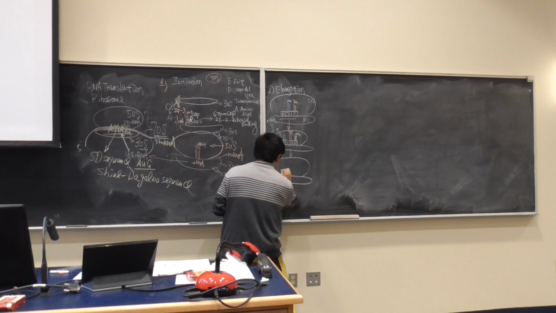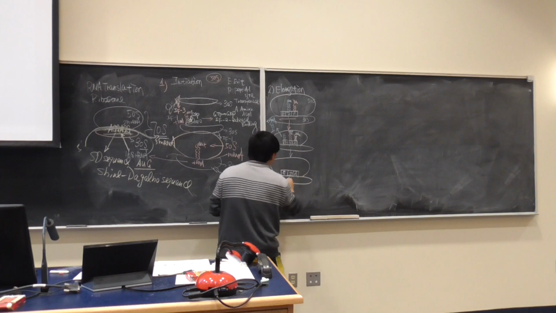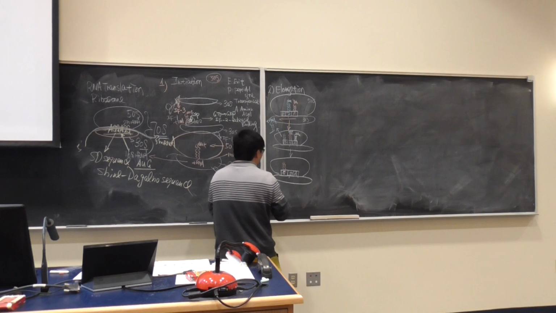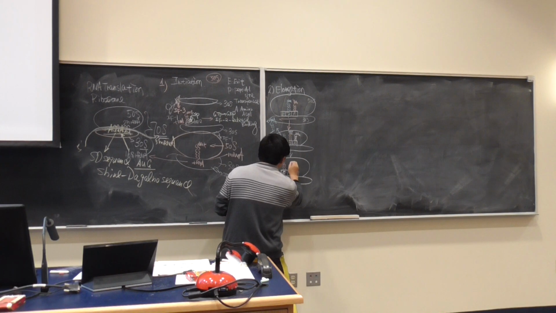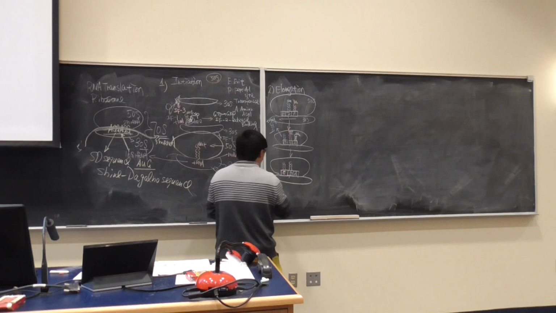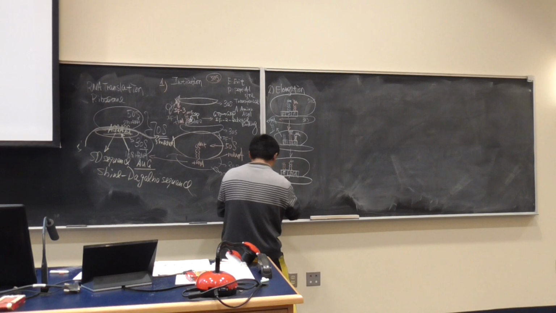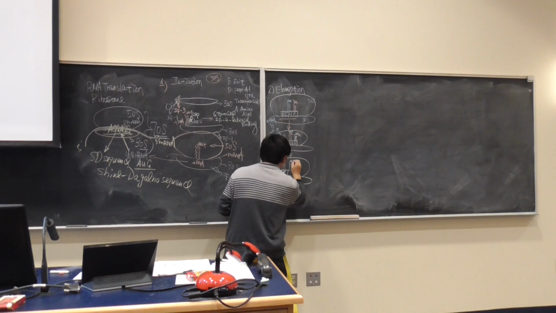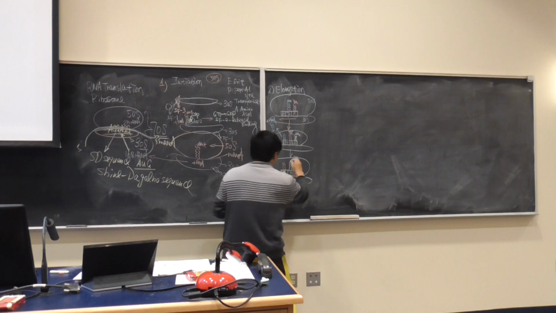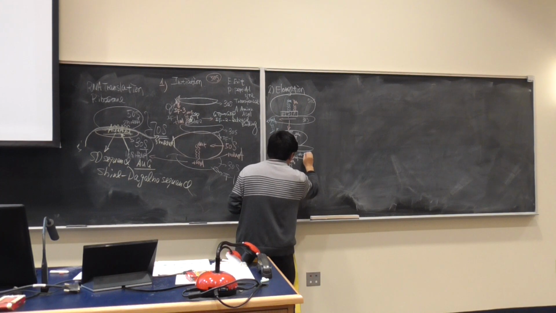Then you have positions E, P, A, and what's going to happen is this one moves here, empty. And then this guy goes into the P, which has become AA1, which has become AA2, AA1, and at the beginning is MET.